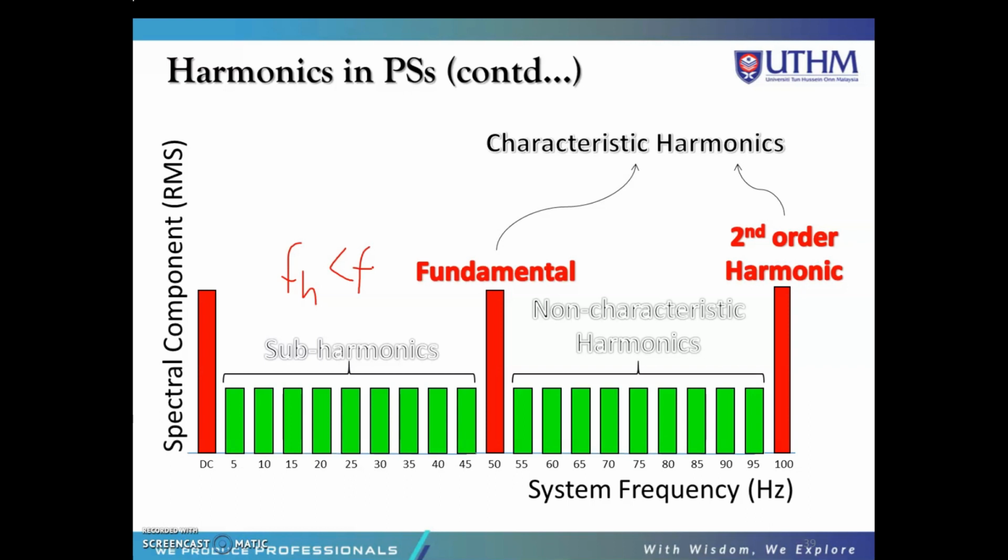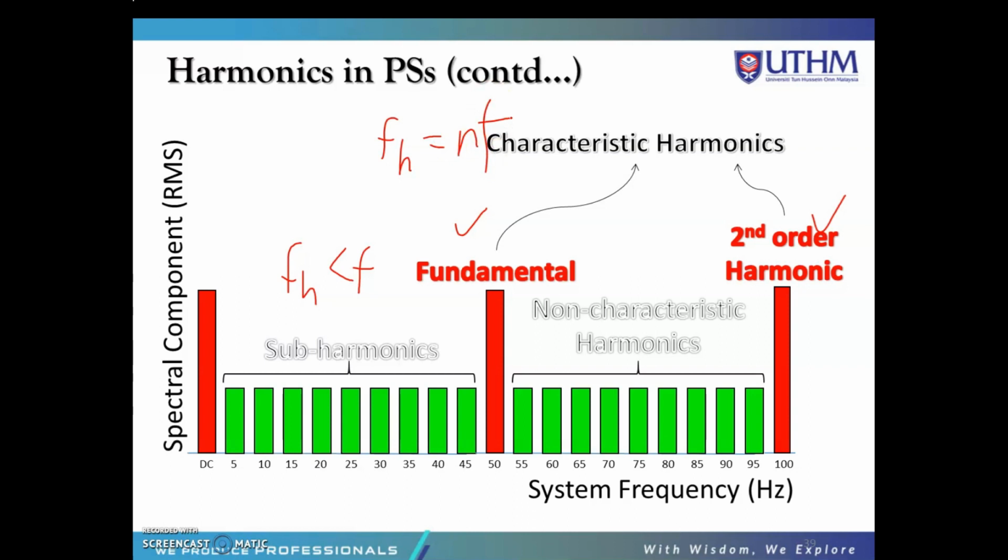And then we can see here we have the integer or characteristic harmonics. Okay, this one and this one are the characteristic harmonics, or integer. For this characteristic, FH is equivalent to NF, where N is an integer.